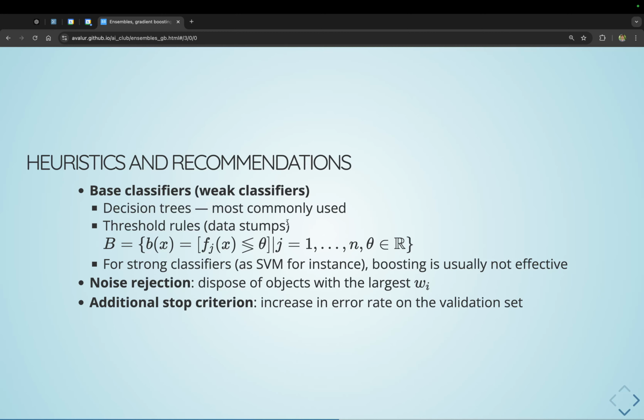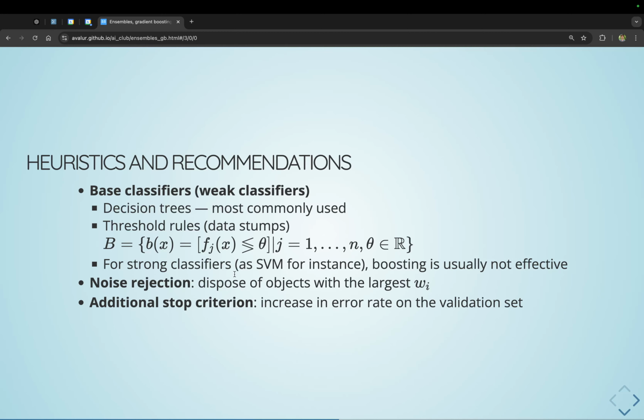The most commonly used are decision trees. You can even restrict your decision trees, for example, to use one and the same feature on each level of the tree, or you may consider only very simple threshold rules for building the decision tree and use them in the boosting procedure. That's totally okay.